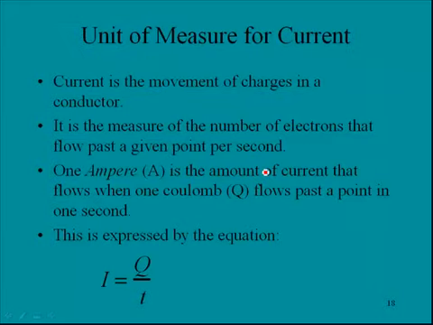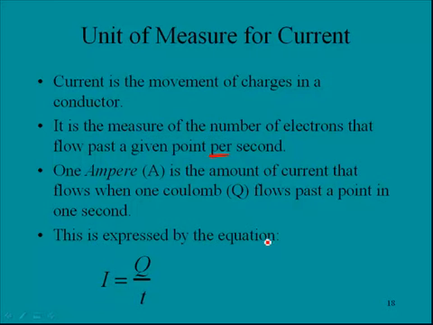Okay, unit of measure for current. Current is the movement of charges in a conductor. It is the measure of the number of electrons that flow past a given point, notice, per second. 1 amp is the amount of current that flows when 1 coulomb flows past a point in 1 second.